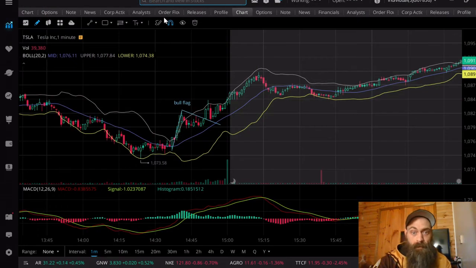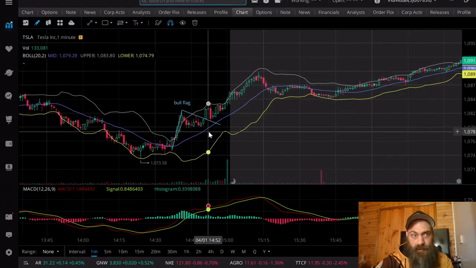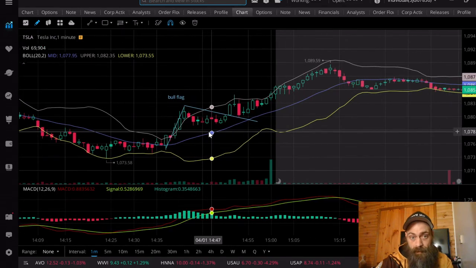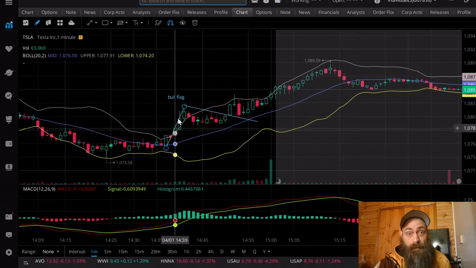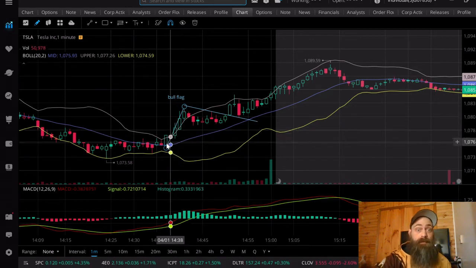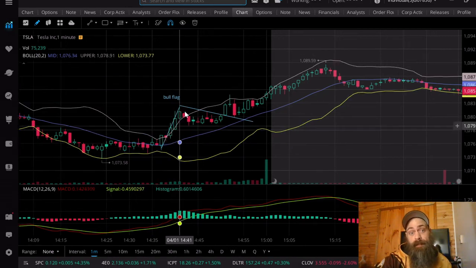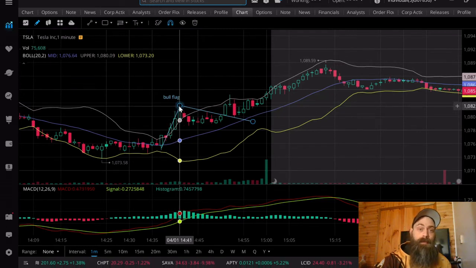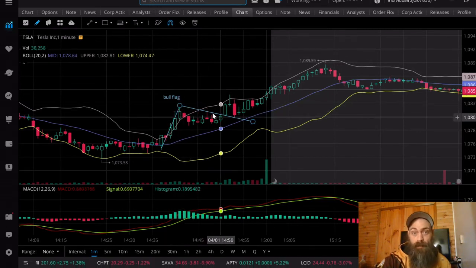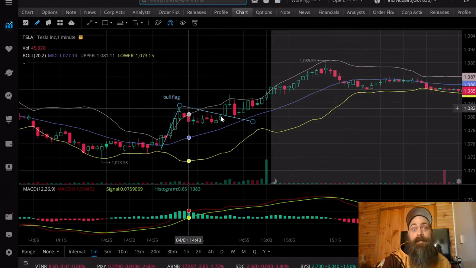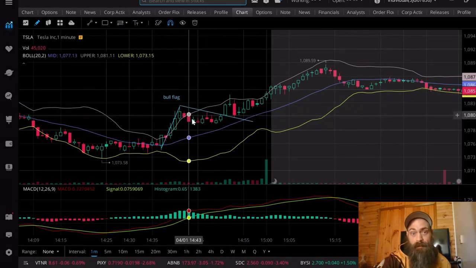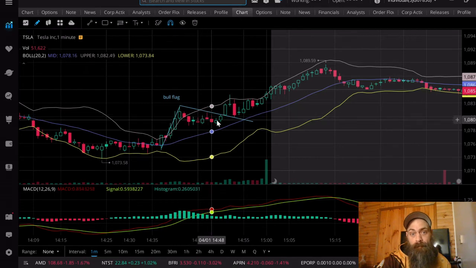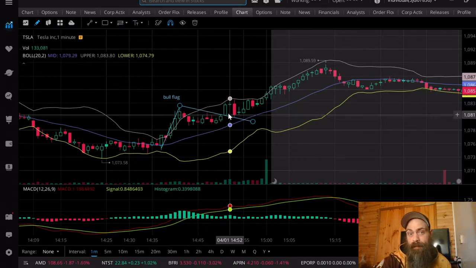All right, so I found a bull flag over here on the minute chart for Tesla, and I drew it out here. So you can see the flagpole here. It doesn't necessarily always have to be straight. It kind of bends up, and then you got your downward trend line here. So it looks like a flag. And then here it just kind of coiled, and then came to a point, and then it broke out.